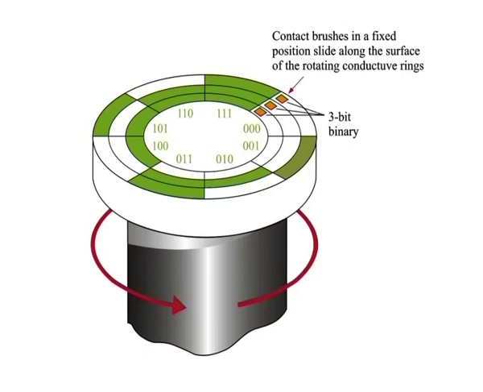An application. A simplified diagram of a 3-bit shaft position encoder mechanism is shown in the figure. Basically, there are 3 concentric conductive rings that are segmented into 8 sectors.